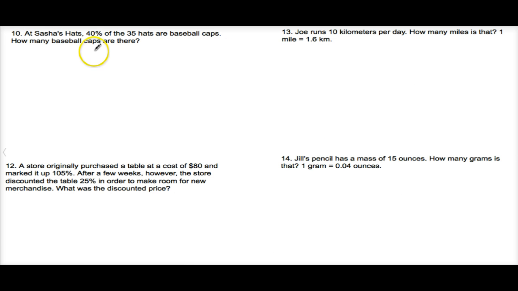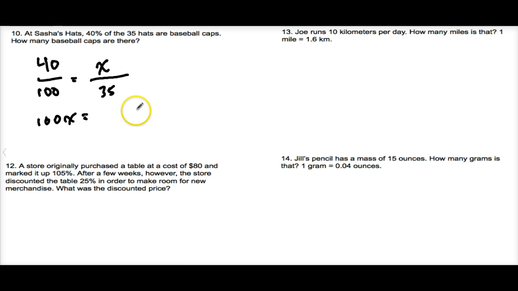All right, at Sasha's hats, 40% of the 35 hats are baseball caps. So again, 40% goes on top. We know that there's 35 total hats. We don't know the part. We don't know how many are baseball. So again, we cross multiply.